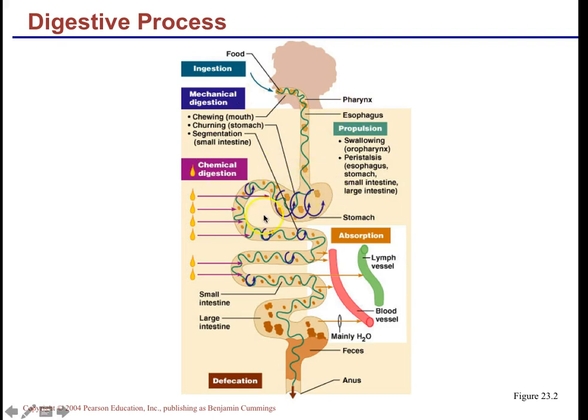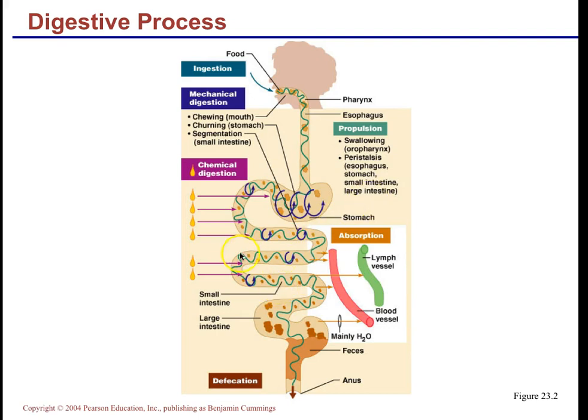And then the food is going to go into the small intestine. The small intestine is where you further break down food and then absorb it, meaning the monomers, the glucose, the fatty acids, the glycerol, the amino acids, the nucleotides, into either the blood or the lymph, so that you can then transport it to every cell in the body.